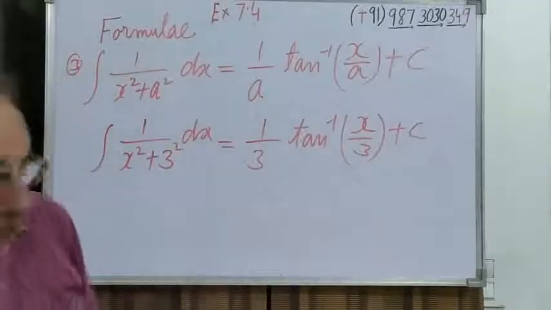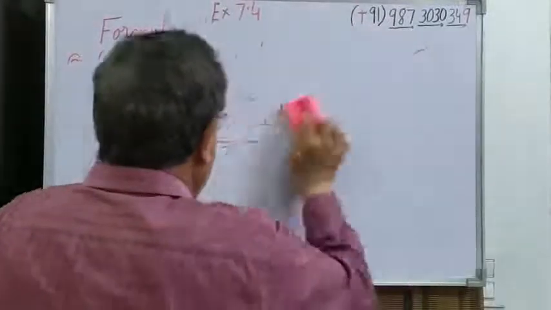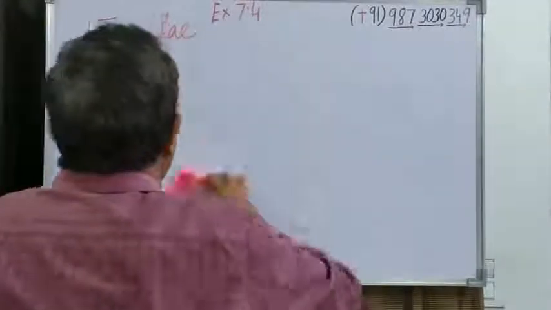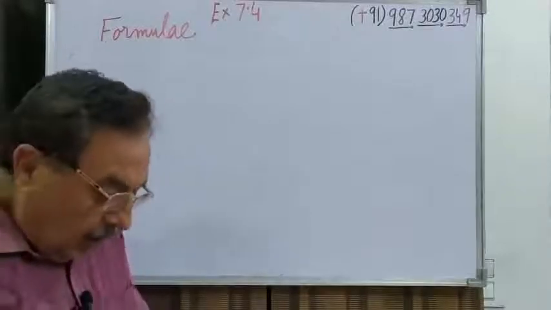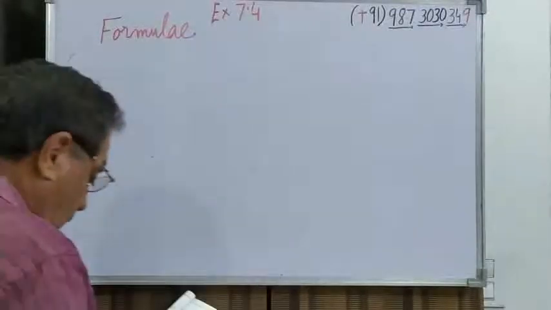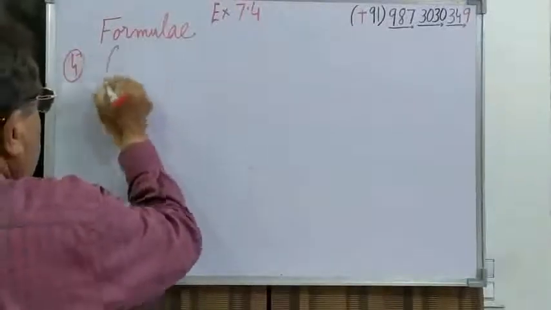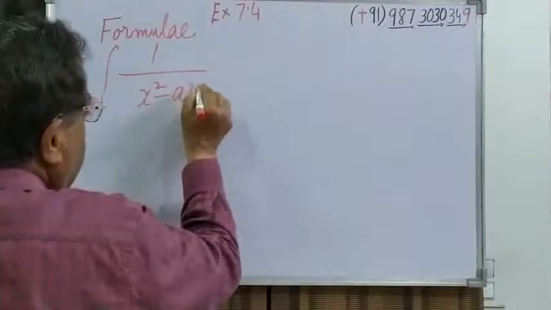Now let us move to the fourth formula. For integration, whenever you come across formula 4, it is the integration of 1 upon the square root of x square minus a square.